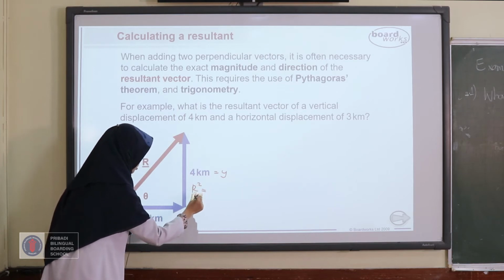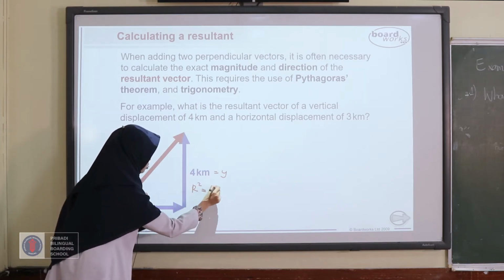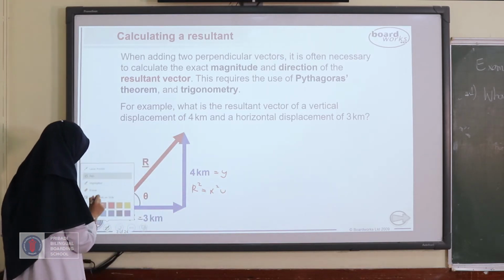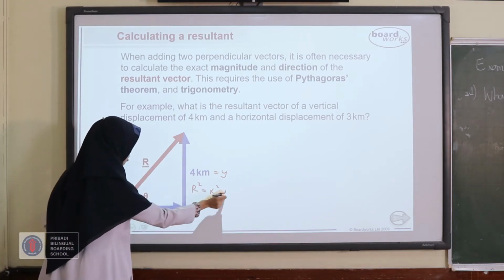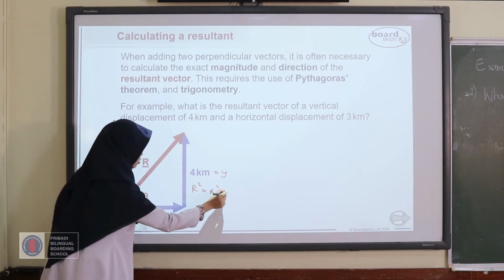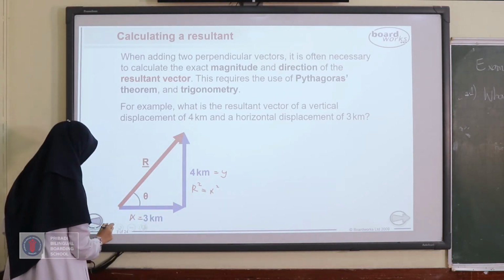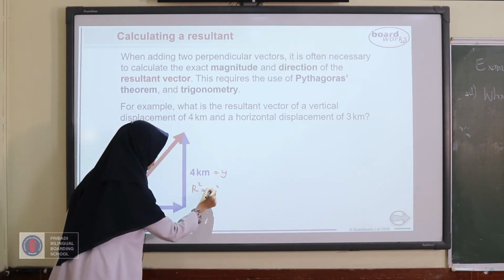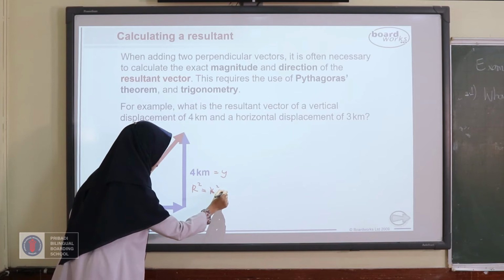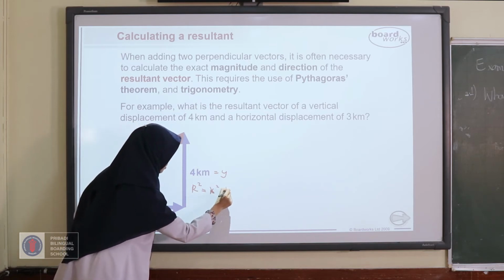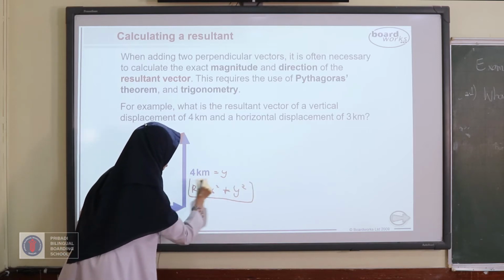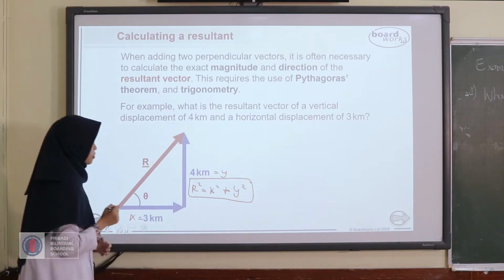R squared will be equal to x squared plus y squared. So this is the equation of Pythagoras theorem.